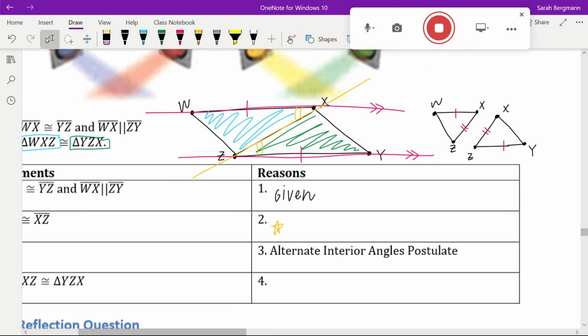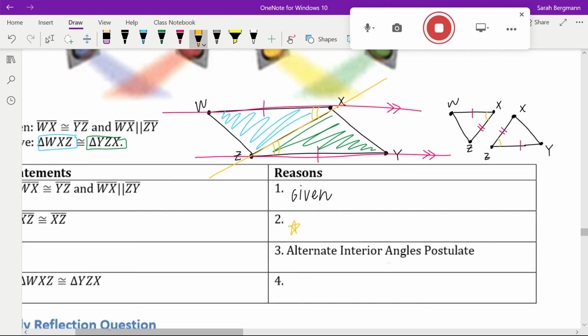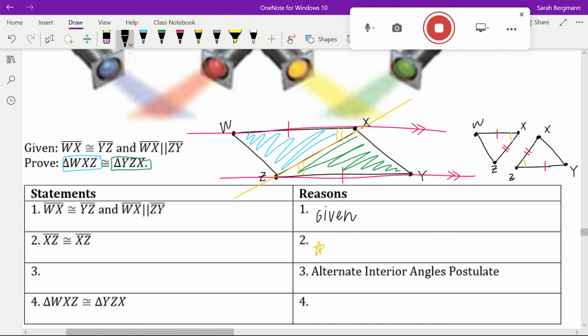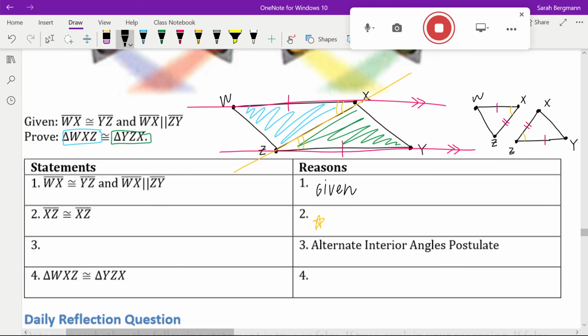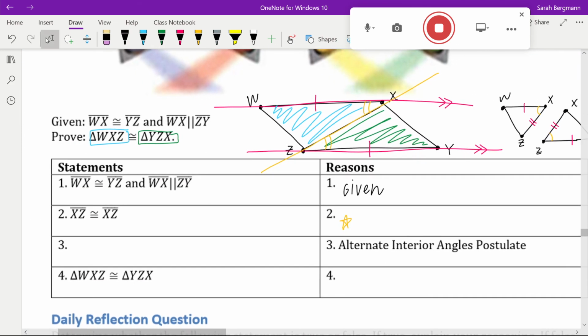Let's look at it on our other diagram as well. Notice that the angle falls between the two sides that we already have congruent. That means that it's the included angle. That's perfect. Let's say that these two pairs of angles are congruent by alternate interior angles postulate.